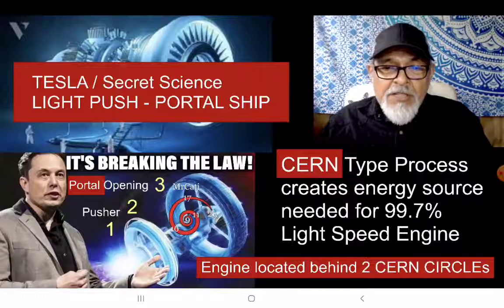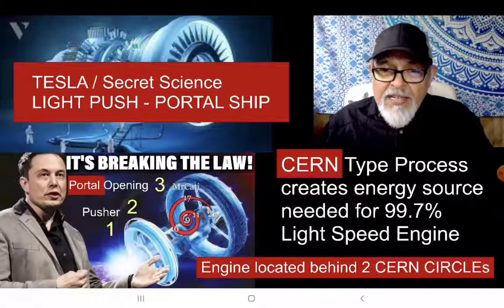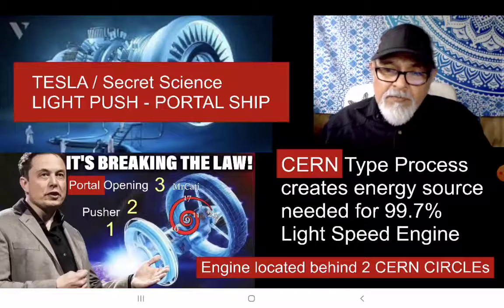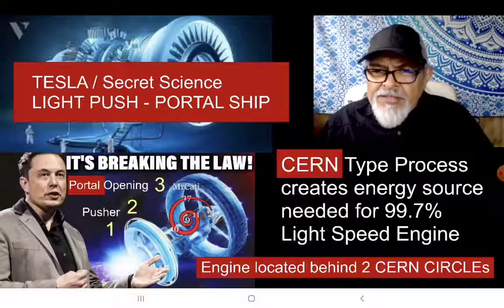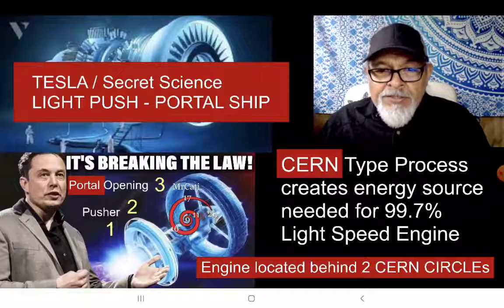And the effect is a type of push, but because it's a form of energy that's not like other types of fuels, it produces basically as much as you want to feed it. But the reason I even mention this is because the CERN process is in fact in play in creating the particles, the very special particles that are going to fuel this engine.